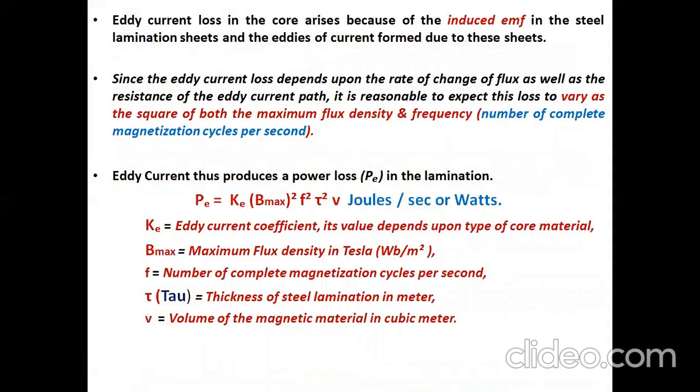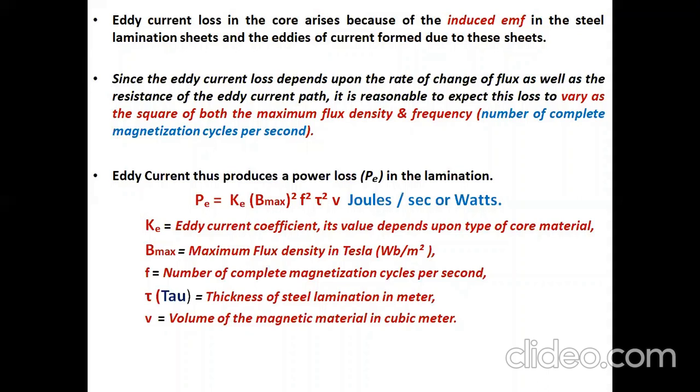Eddy current loss in the core arises because of the induced EMF in the steel lamination sheets and the eddies of current formed due to these sheets. Since eddy current loss depends upon the rate of change of flux as well as the resistance of the eddy current path, it is reasonable to expect this loss to vary as the square of both the maximum flux density and frequency, that is, the number of complete magnetization cycles per second.